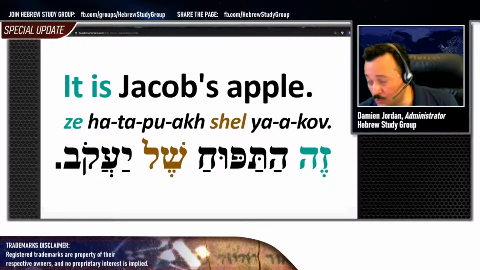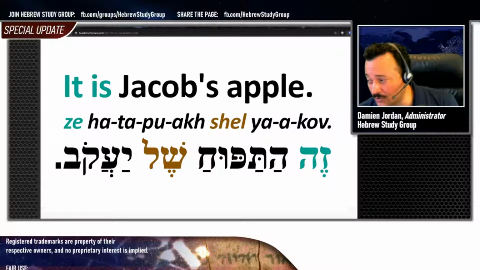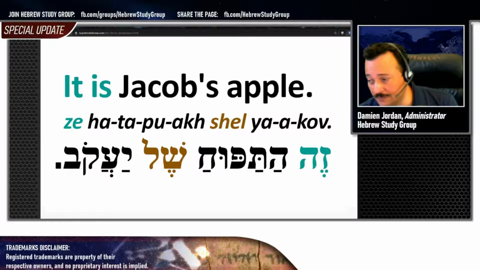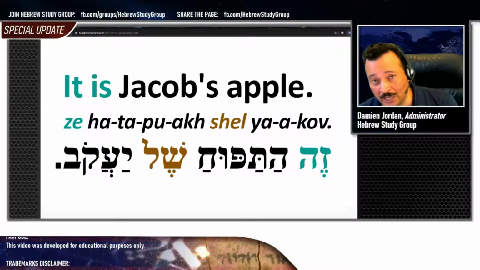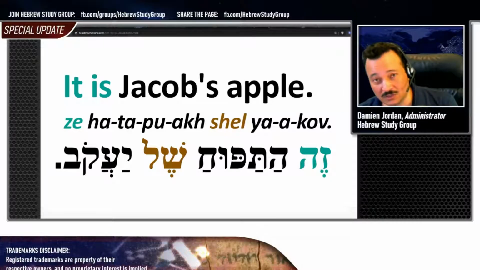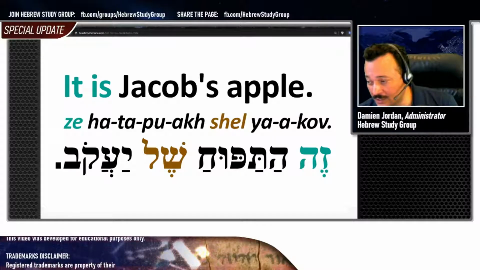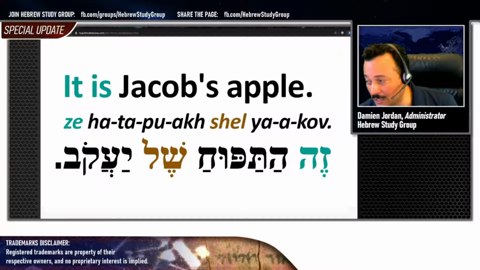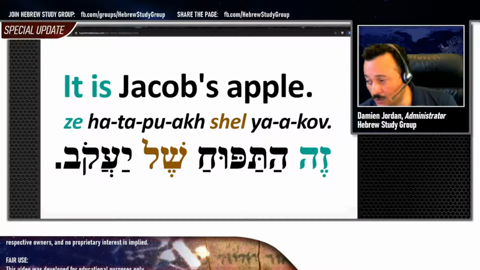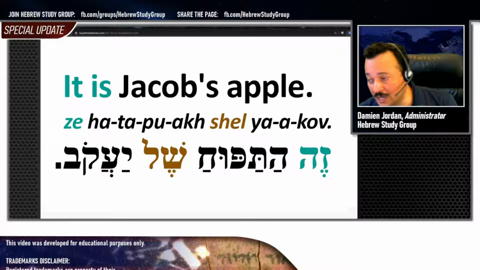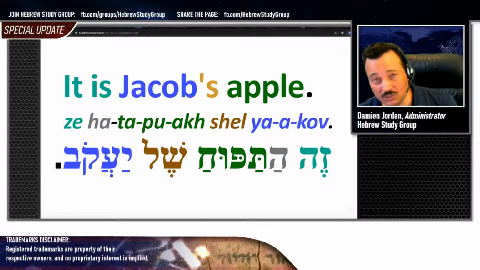Over in the Hebrew on the far right, notice the zayin, ze. That means it. Now, what is the word shel? Or I should say, this transliteration of the Hebrew word. What does that mean? In Hebrew, it means of. And then Yaakov is Jacob.